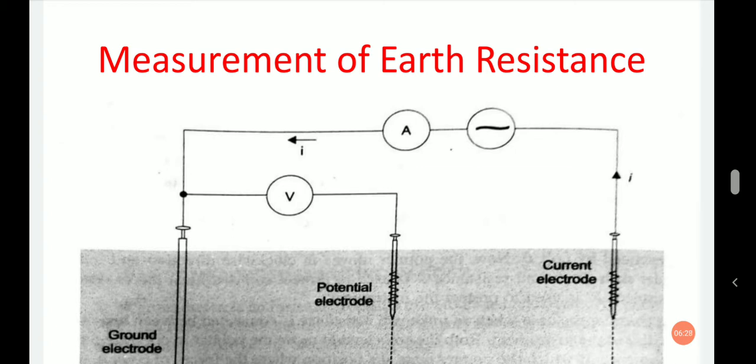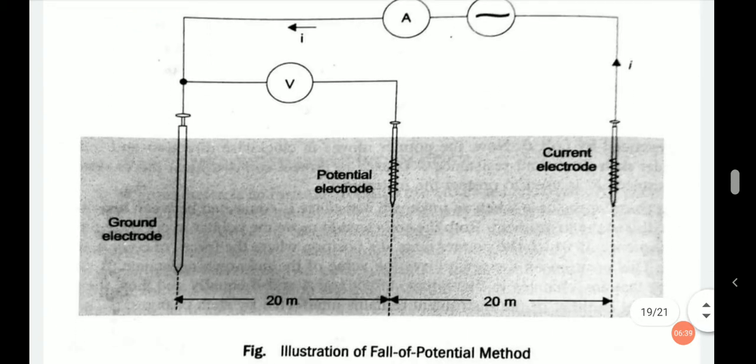Figure shows the method of the fall of potential test. It can be seen from the figure that three electrodes, namely ground electrode, potential electrode and current electrode, are placed equally apart under the ground.